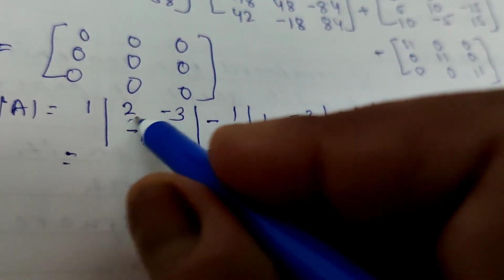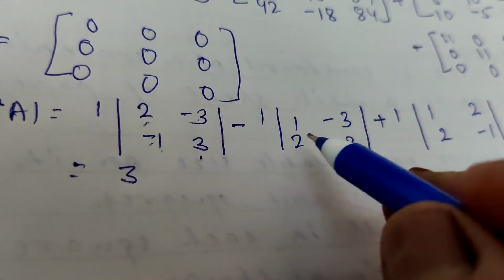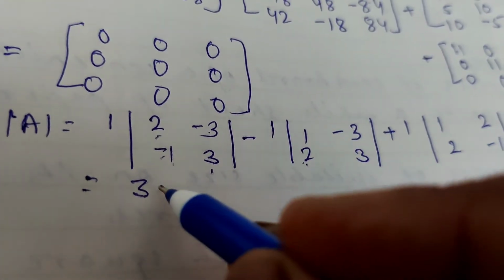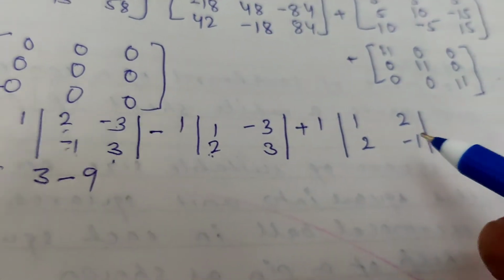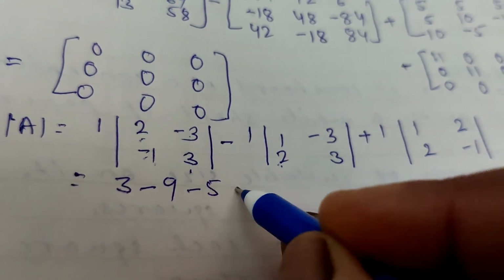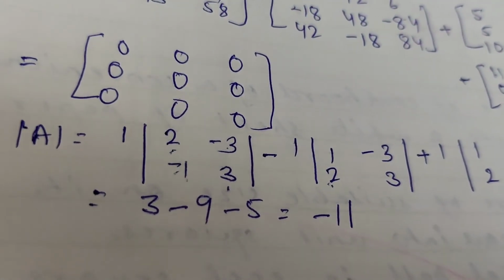You will get 3 into 6 minus 3, plus 6, 9, it is minus 9, and minus 1 into minus 4 minus 5, minus 14 plus 3, it is minus 11. Determinant of A equal to minus 11.